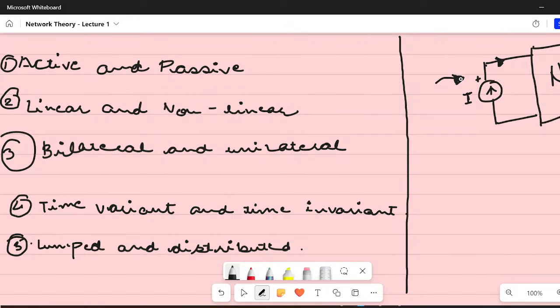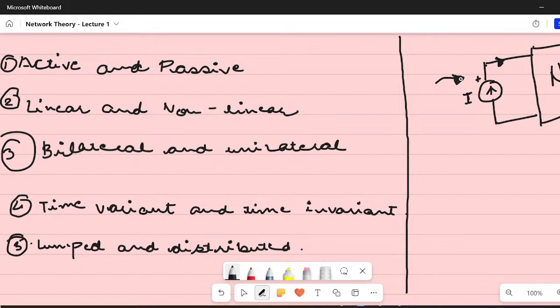Again, assuming the source is ideal in nature, right? In case it is not ideal, then there would be some resistance present in the voltage source or the current source, whatever be the case, and in that case the element would dissipate energy, right?